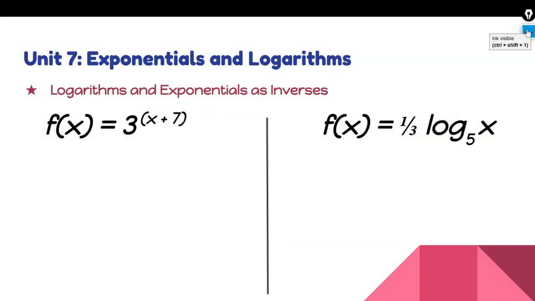The other type of inverses problem that we're going to see should seem familiar to some of us at this point because we just did this with cube roots and cubics. But we're talking specifically about exponentials and logarithms as inverses.